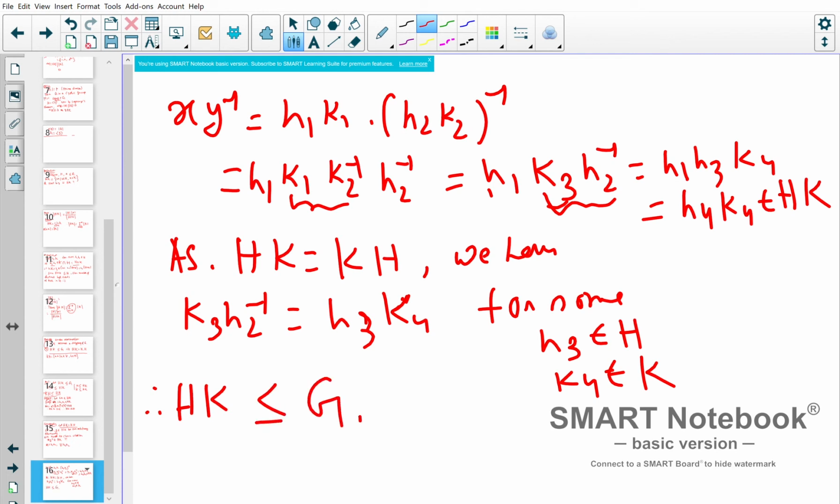So apparently it looks like that H and K are two different subgroups of G. If you choose two whatever different subgroups of G, the product may not form a subgroup, and you have a relation. The relation is that if they commute, then they are going to form a subgroup, right?